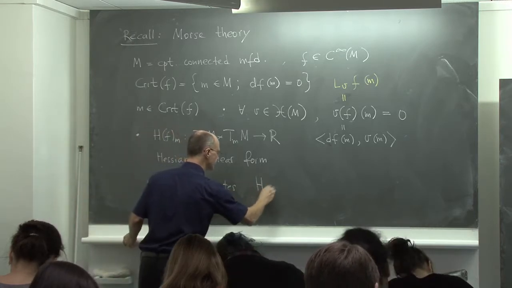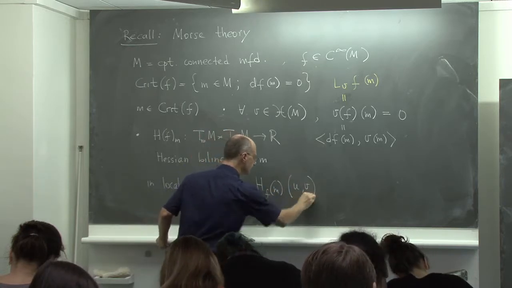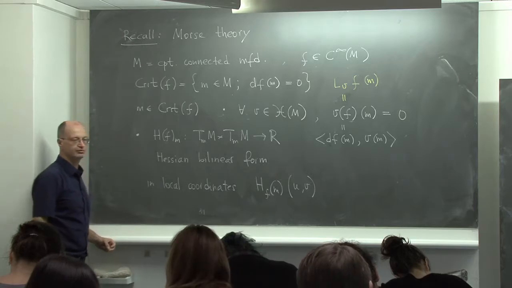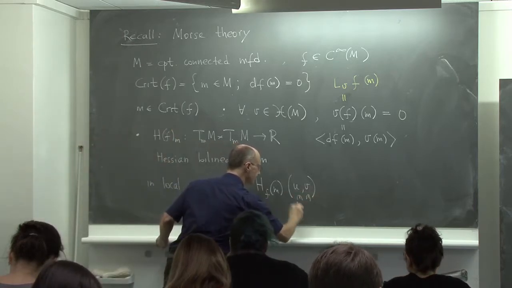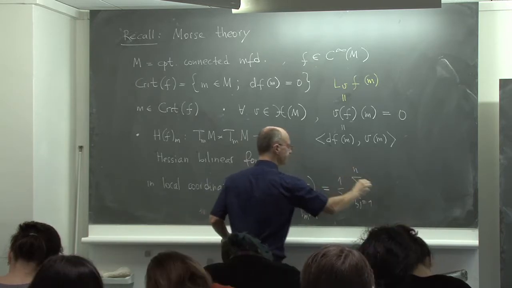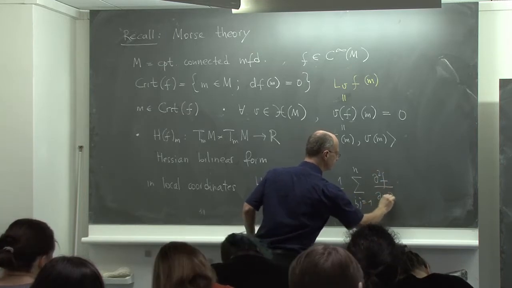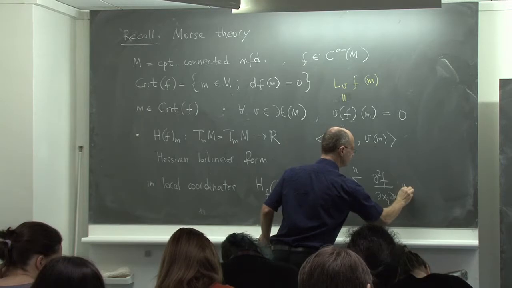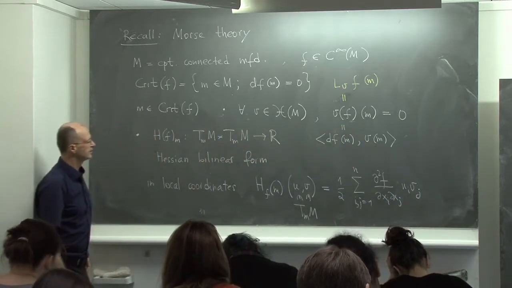If we take this Hessian form computed on two vectors, then that's how it looks.